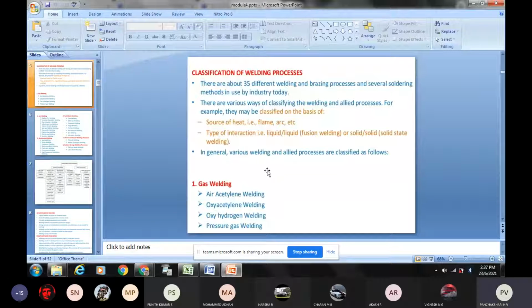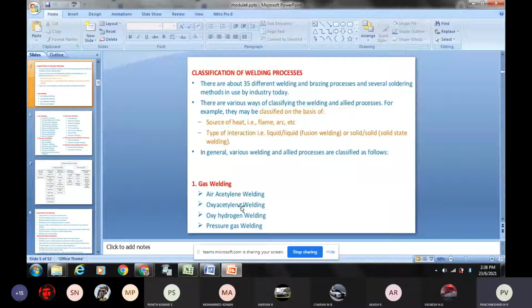So gas welding has different types. We will discuss all those in detail later. In this class, today, you will try to learn what the different types are. Air acetylene welding, air and acetylene. Acetylene is the combustible gas. Air is the supporting gas. So air acetylene welding, oxyacetylene welding, oxyhydrogen welding, mainly these three. Then one more is pressure gas welding.